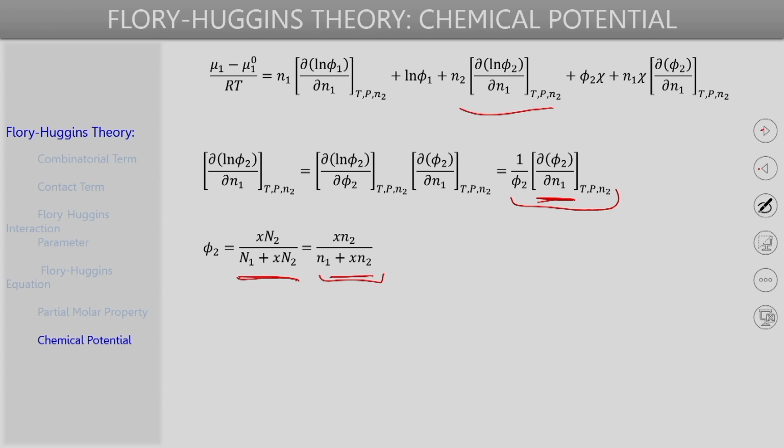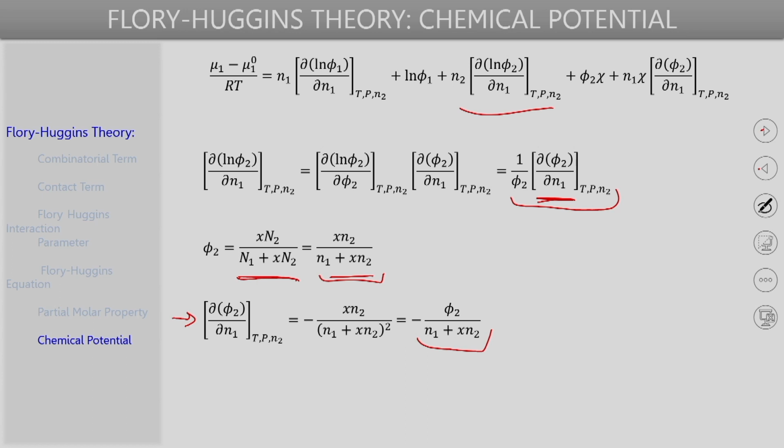Now that we have this expression for phi 2, we will differentiate it with respect to n1, and the partial derivative that we get upon simplification is minus of phi 2 over n1 plus x n2.